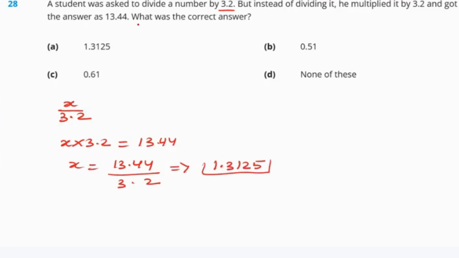The question is asking what has to be the correct answer. So we will divide this number 1.3125 by 3.2, and when we divide it by 3.2, what do we get? Okay, wait, when we multiply it by this, we are getting this.